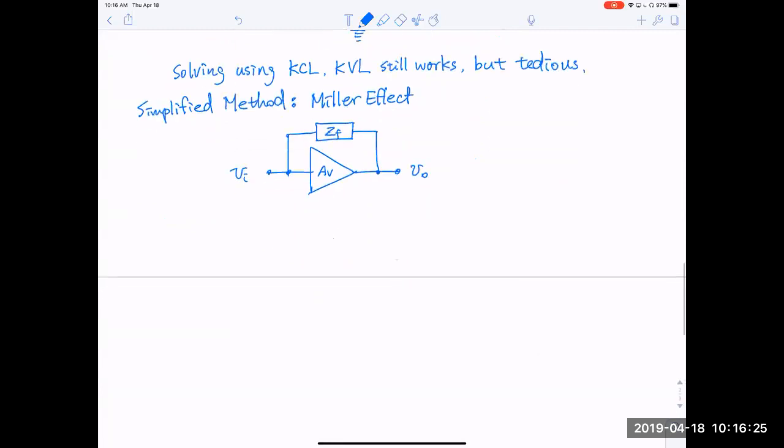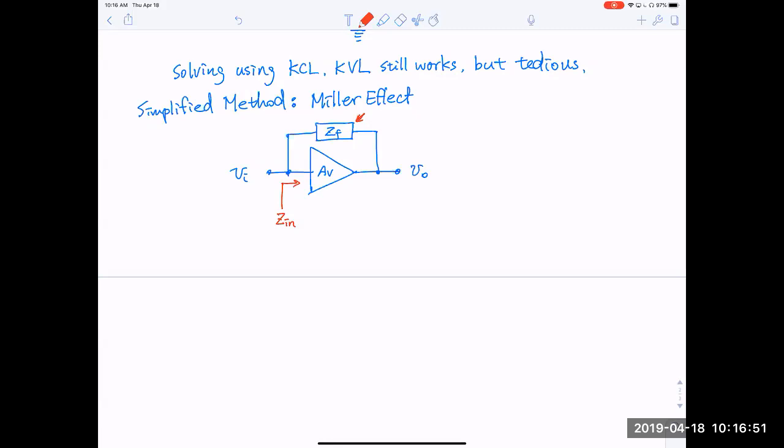But there are additional components connecting it. So now if we ask the question, what is the effective impedance that you look into here? Zin, okay, effective impedance. Assuming the input impedance of the voltage amplifier is infinite. So basically we're just looking at the effect of these elements hanging between input and output.